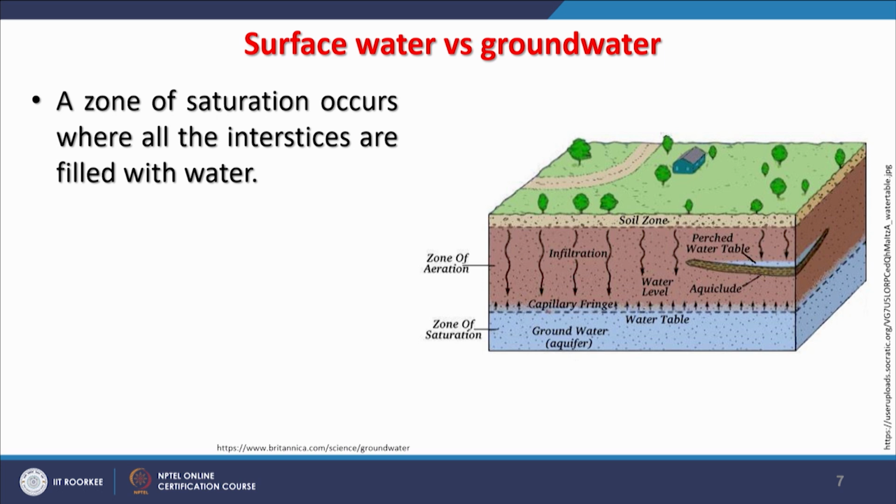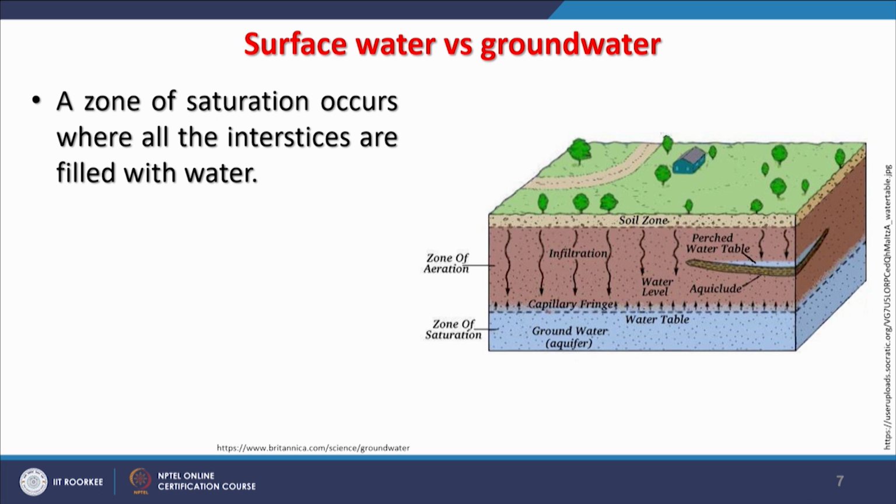At that time it is water level in a well, but there may be undulations in the topography. So, if we want to give a reference surface, not a topographic surface but a reference surface like above mean sea level, then that time it is called water table.